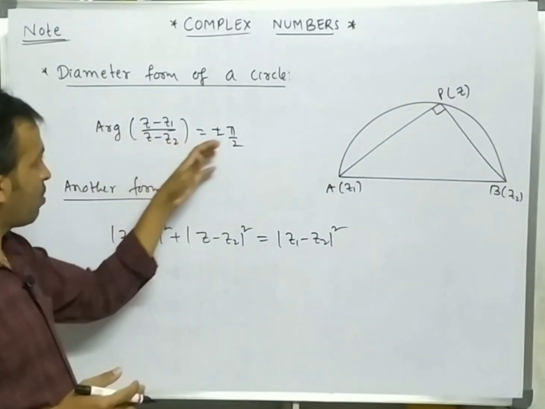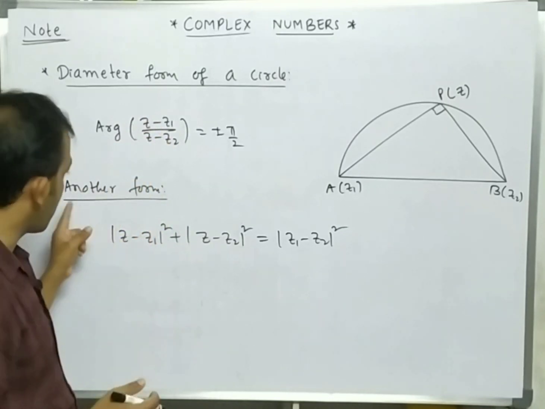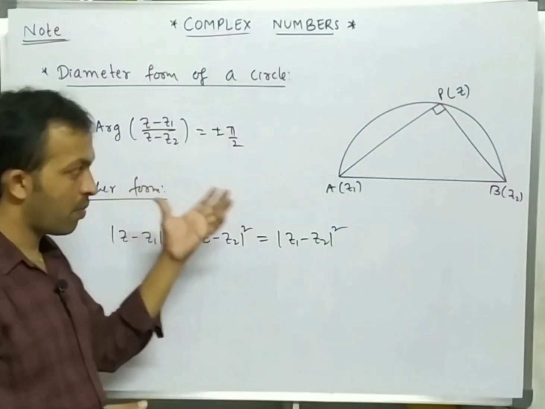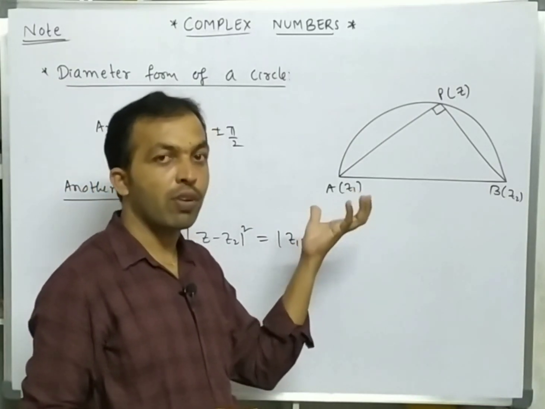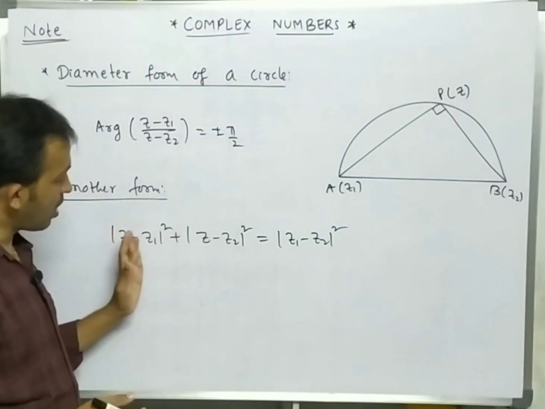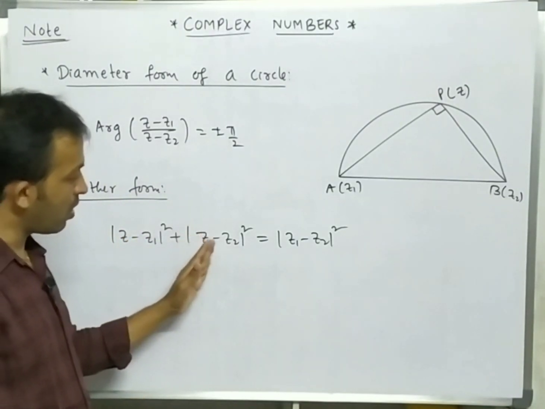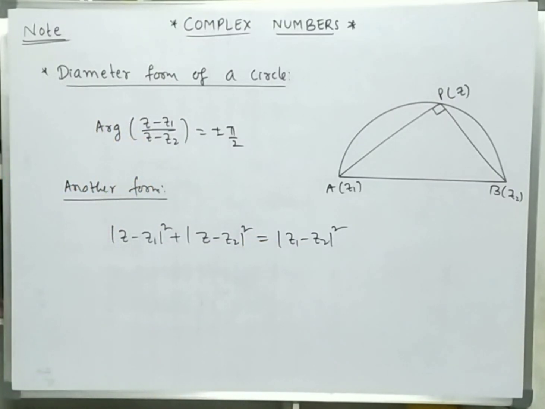By solving this we get the equation of the diameter form of a circle. If the end points of the diameter are given, we can find the equation of the circle this way, or alternatively using modulus of z minus z1 whole square plus modulus of z minus z2 whole square is equal to modulus of z1 minus z2 whole square.